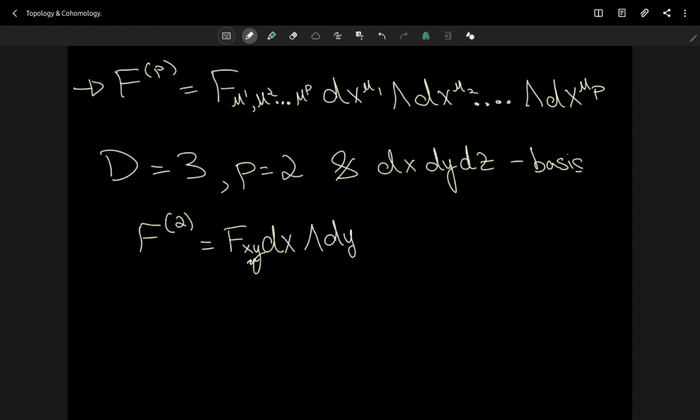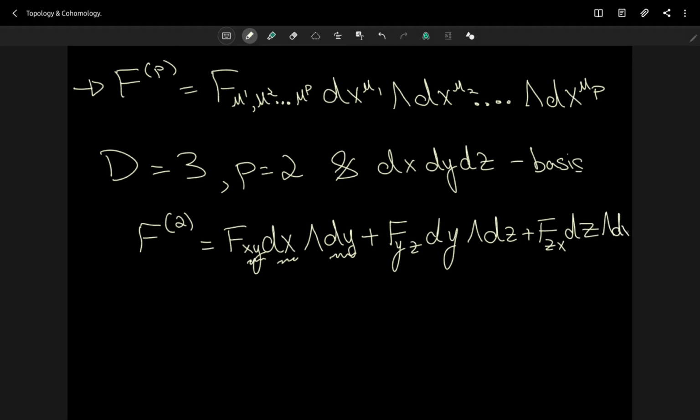So we have xy, that's why we have this basis dx wedge dy, and plus fyz dy wedge dz plus fzx times dz wedge dx. This is what you have.